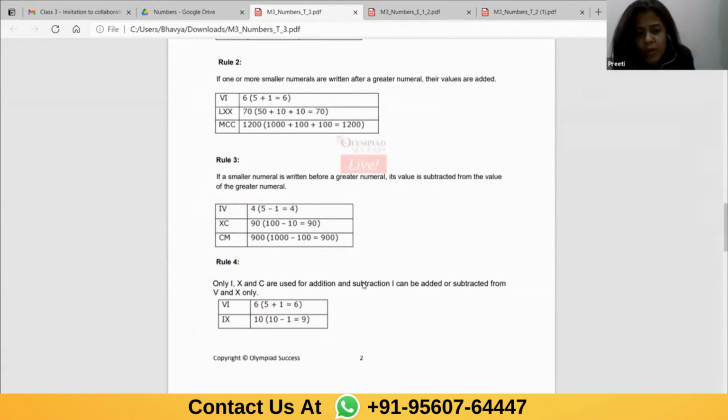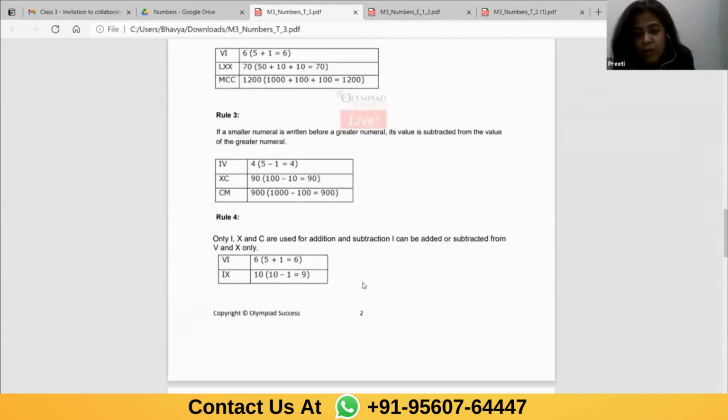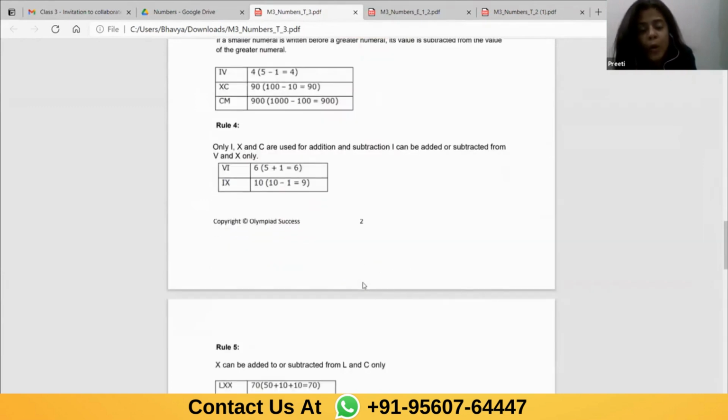If a smaller numeral is written before a greater numeral, its value is subtracted from the value of the greater numeral. Only I, X, and C are used for addition and subtraction. I can be subtracted from V and X only, but I placed after L makes 51.